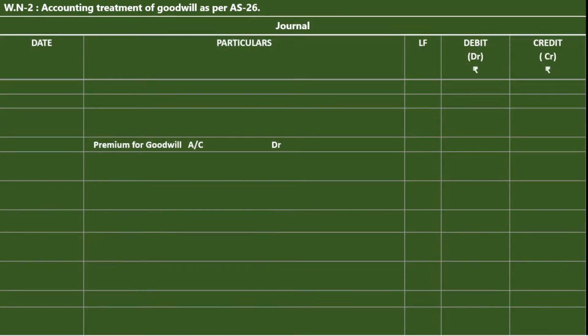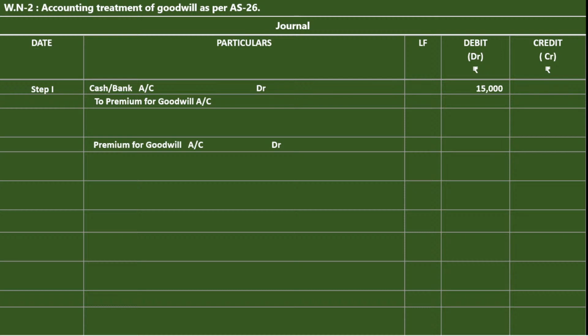Working note number 2. Accounting treatment of goodwill as per AS 26. Draw the journal entry format like this. Date, particulars, LF, debit rupees, credit rupees. When the new partner brings cash for goodwill, step 1 journal entry is cash or bank account debit 15,000 to premium for goodwill account.